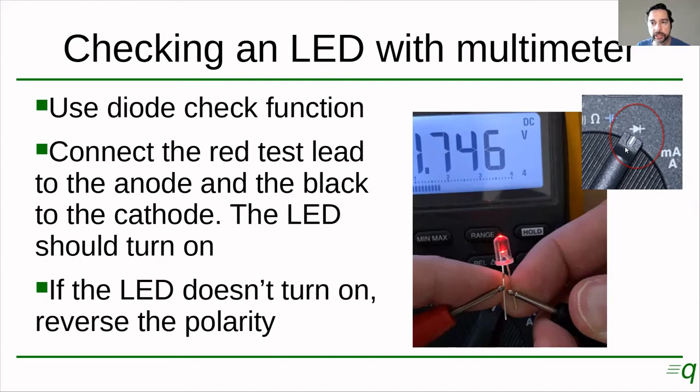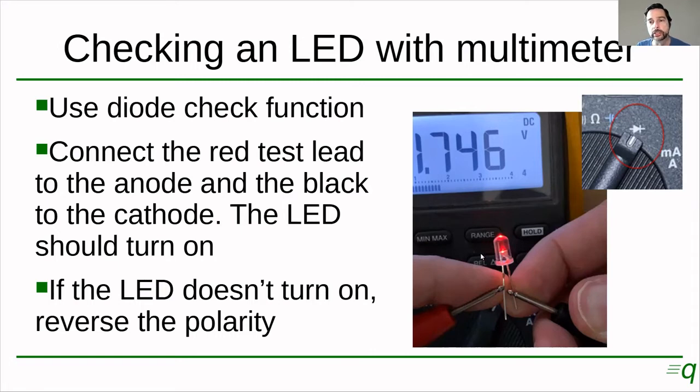So you put the selector knob on the diode check function, and then you connect the red test lead to the longer leg, which is the one we think is the anode, and the black to the cathode, which would be the other one, the shorter, right?